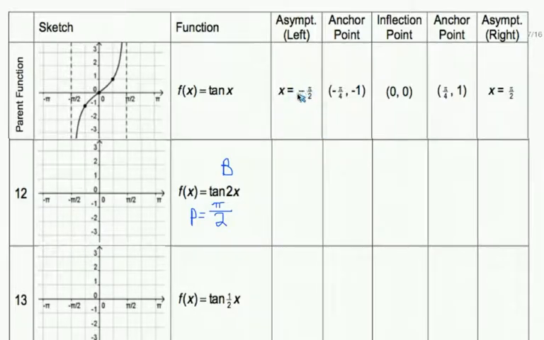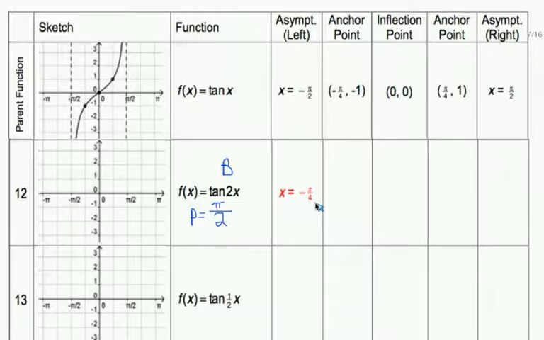So now our asymptotes are going to be affected too. And what happens is we take our original asymptote and we divide it by 2. Same way we divided our period by 2, and we got the 2 from the b value. We're just going to take negative pi over 2 divided by 2, which gives you negative pi over 4.